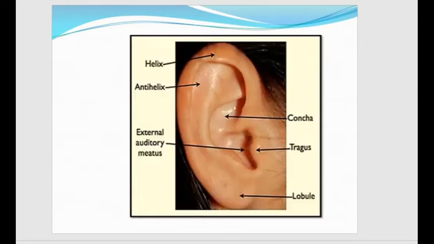This is the auricle. The auricle is the only visible part of the ear.